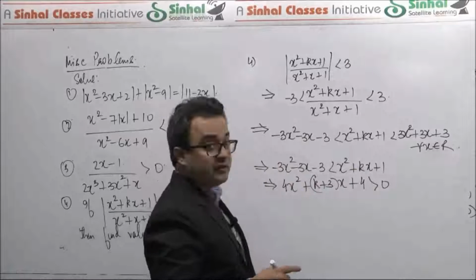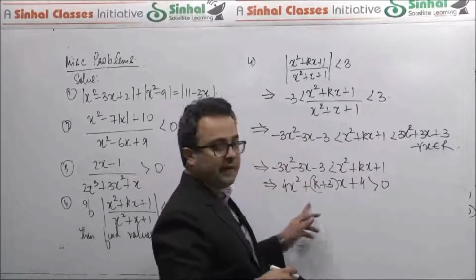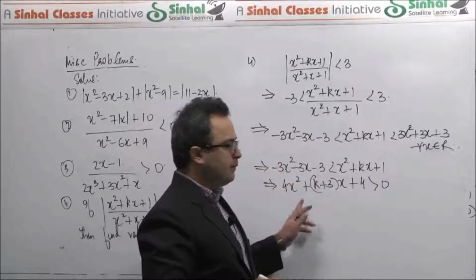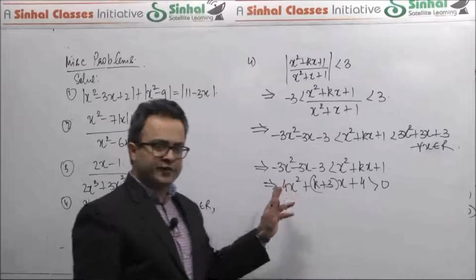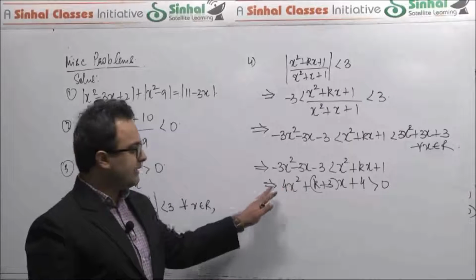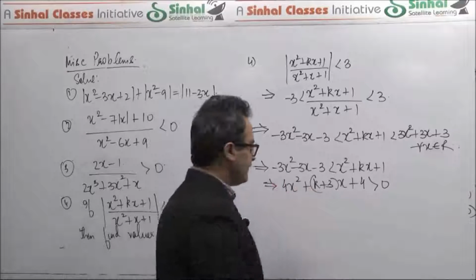And again, the key word is that this statement happens to be true for all possible values of x. But for that to happen, the coefficient of x square needs to be positive, which is the case, and the discriminant value needs to be negative.